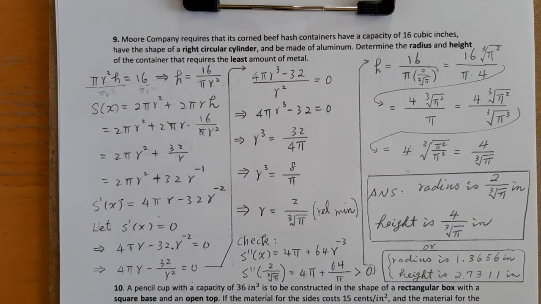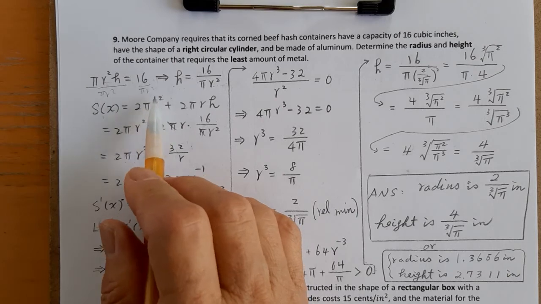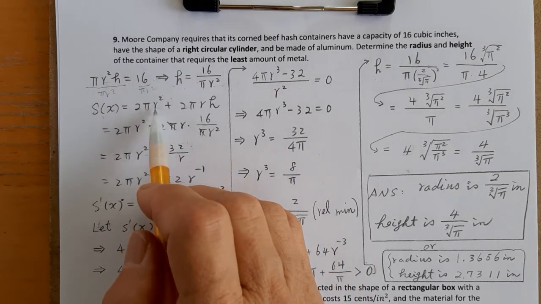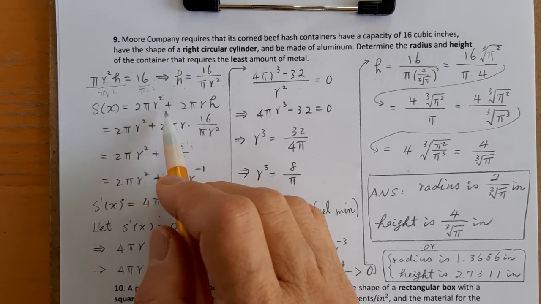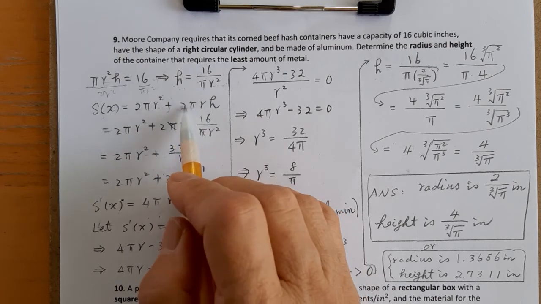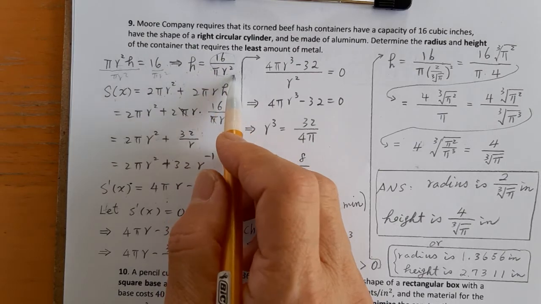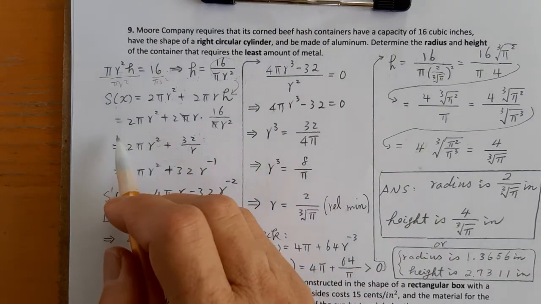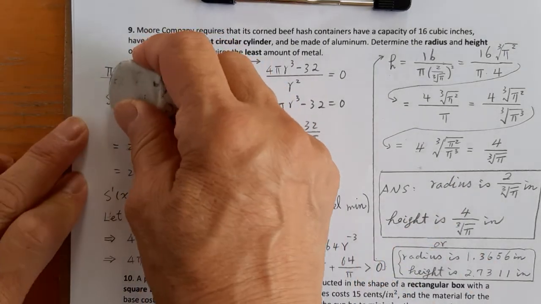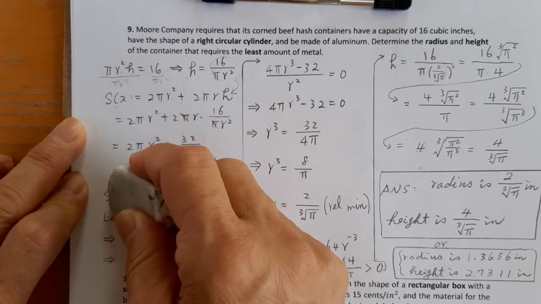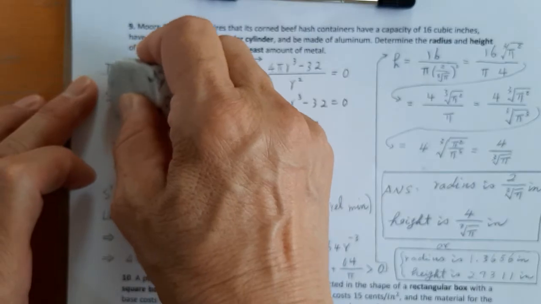Then surface area is pi r squared plus pi r squared, because the top is pi r squared and the bottom is pi r squared, twice the circle area, plus the lateral surface area 2 pi r times h. Then h is this one, plug in h. Then you will get the surface area in terms of the radius r. So here it is not x, it's r.